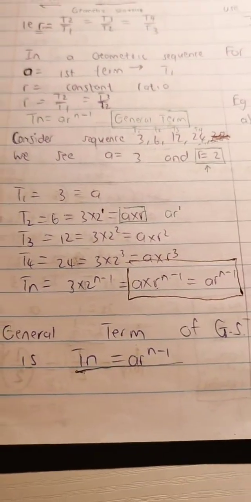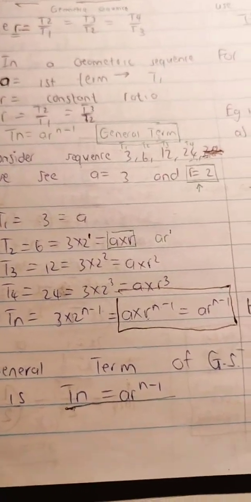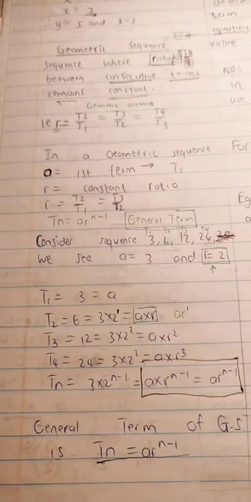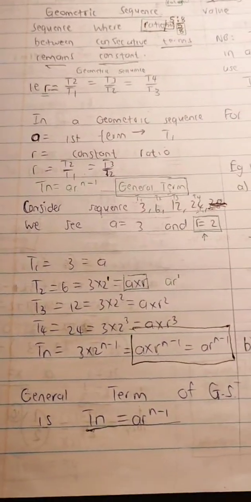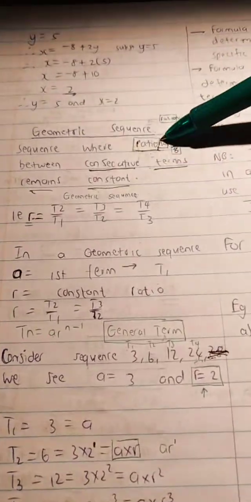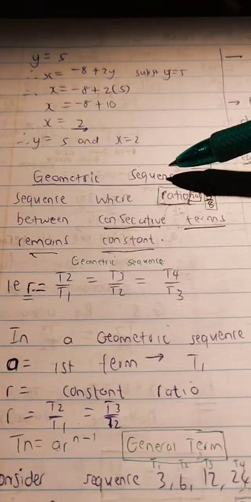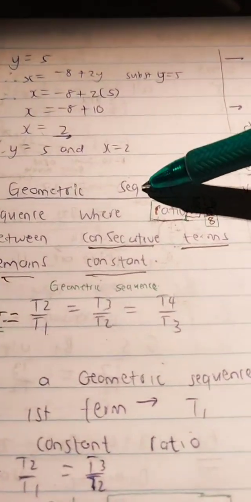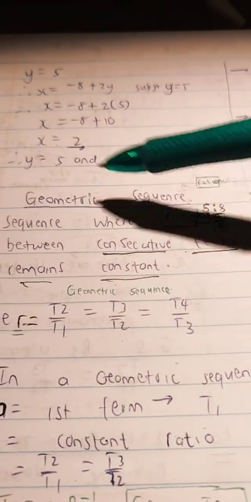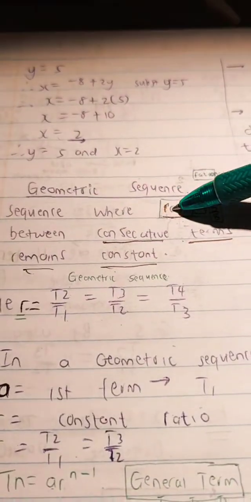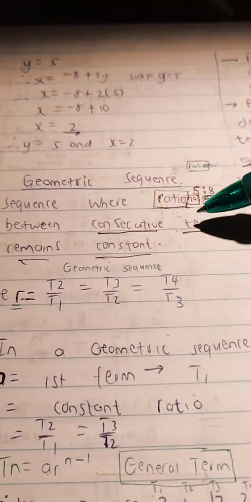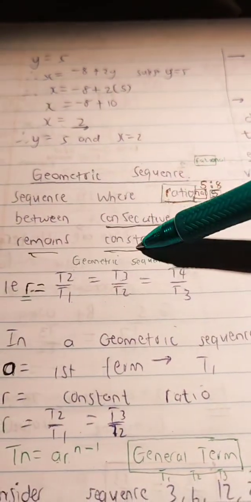All right. So I don't know if there's any particular questions that anyone has, but I am happy to entertain any questions, because guys, at the foundation of understanding geometric sequences, we need to first understand what a geometric sequence is. It is a sequence where the ratio between the consecutive terms remains constant.